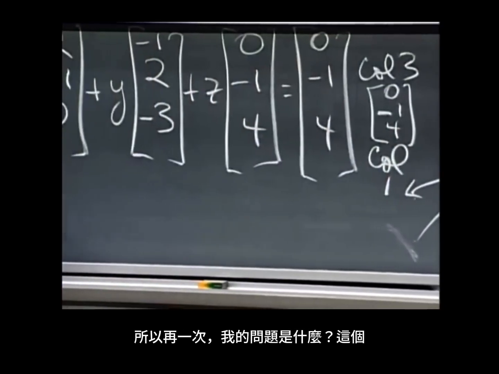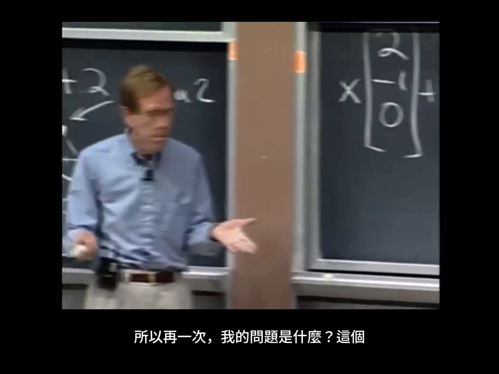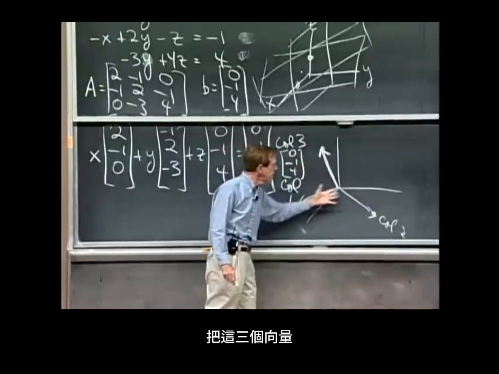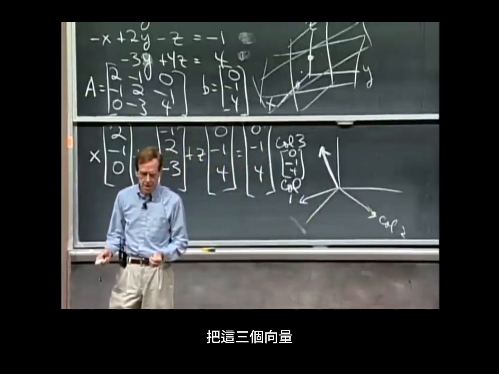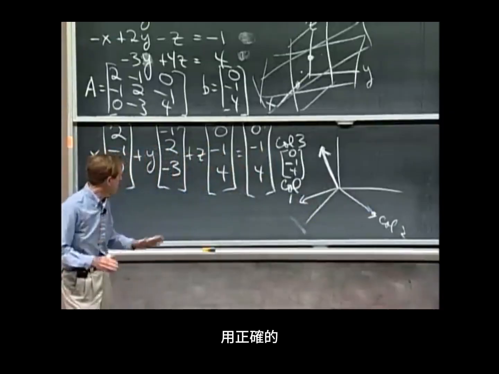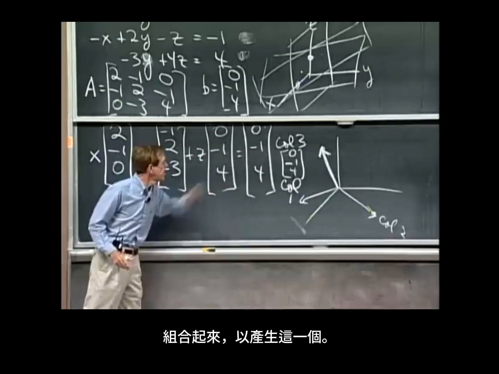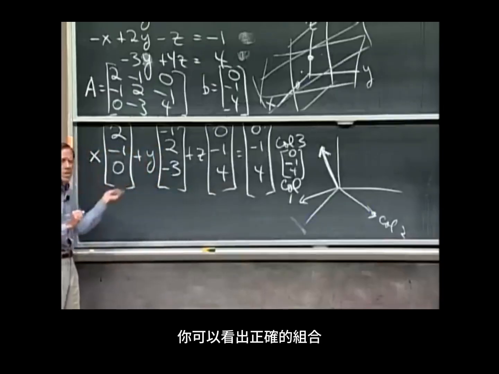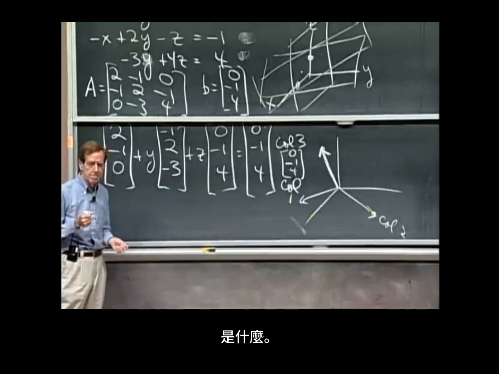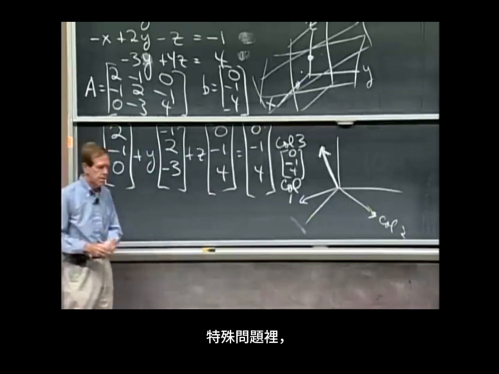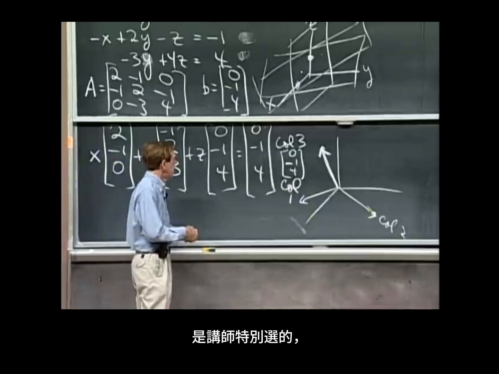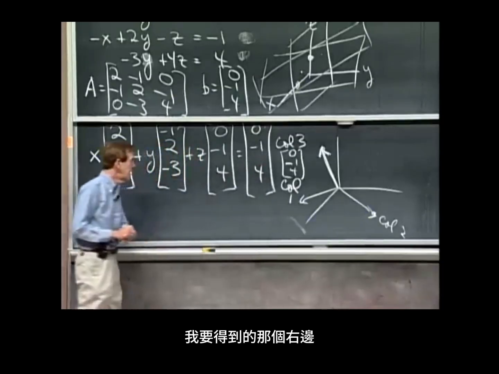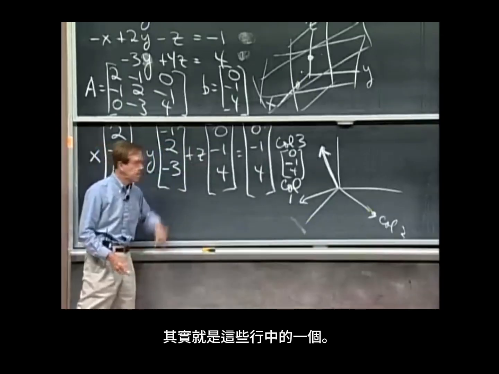So again, what's my problem? What this equation is asking me to do is to combine these 3 vectors with the right combination to produce this one. Well, you can see what the right combination is, because in this special problem, especially chosen by the lecturer, that right-hand side that I'm trying to get is actually one of these columns.